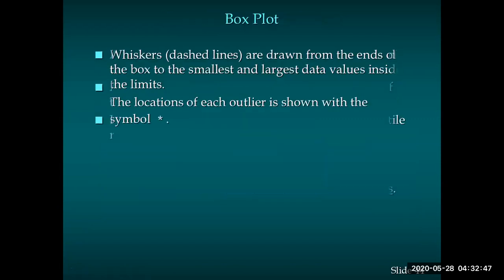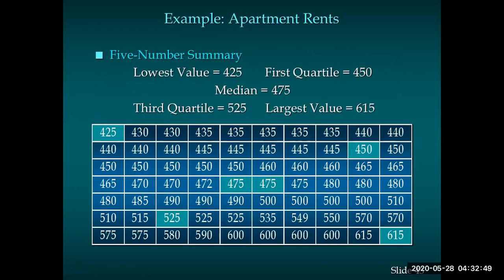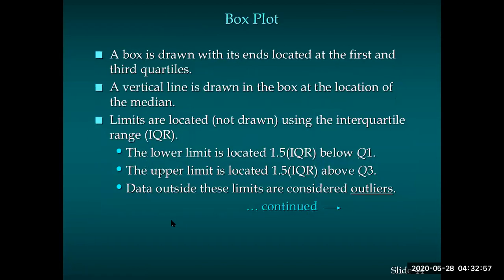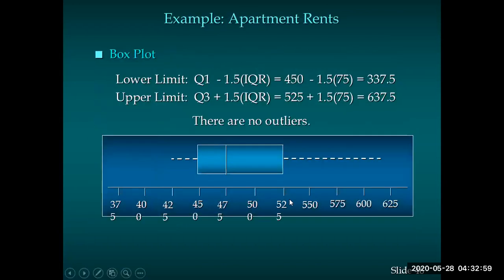Recall in this example, 475 was my second quartile, 450 was my first quartile, and 525 is my third quartile. So the box is actually made up of the quartiles. This is quartile number 1, this is quartile number 2, and this is quartile number 3. So just identify your quartiles on a line and make a box out of it.